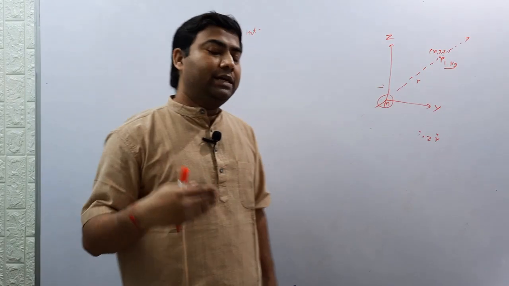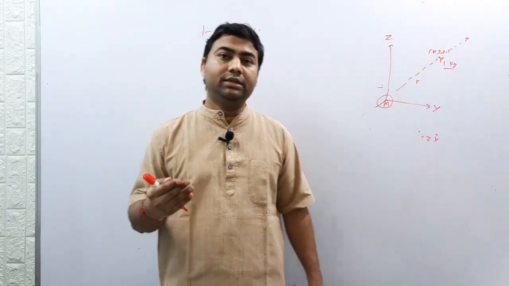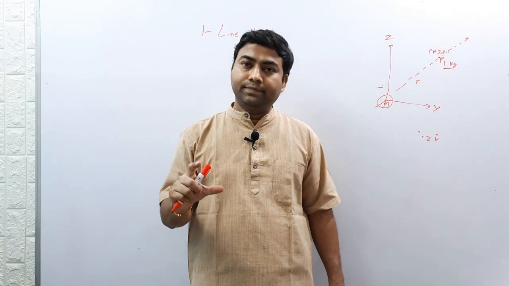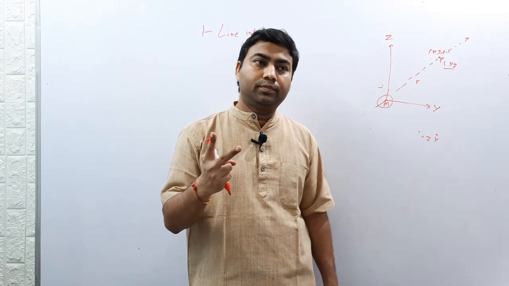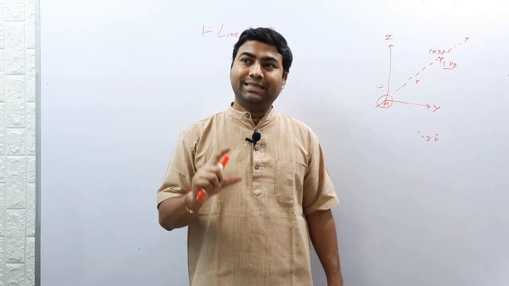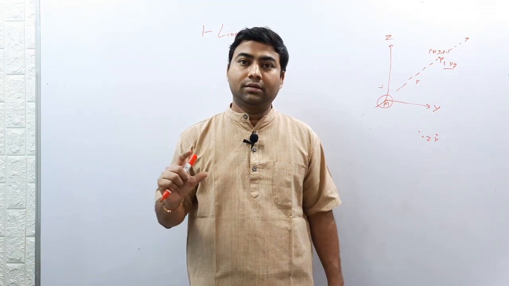So line integration, as its name indicates, is nothing but there is a vector field. There are two components. One is a vector field and second is a path, a line, a curve.